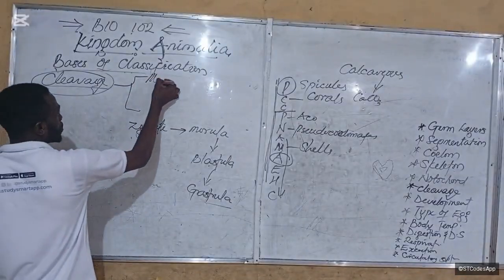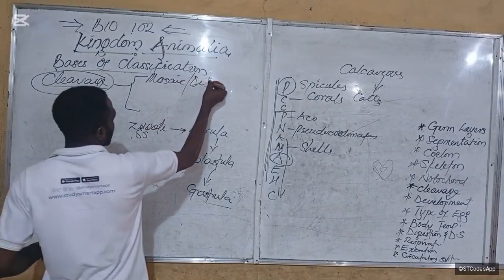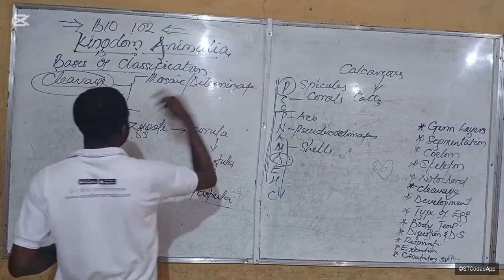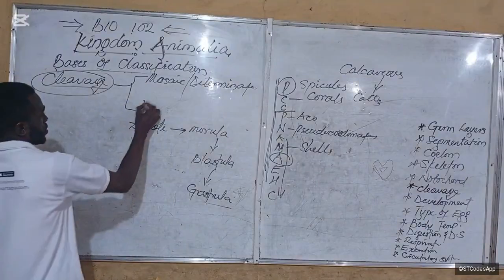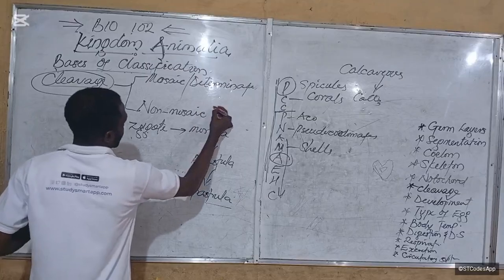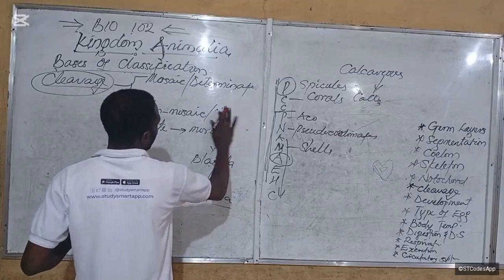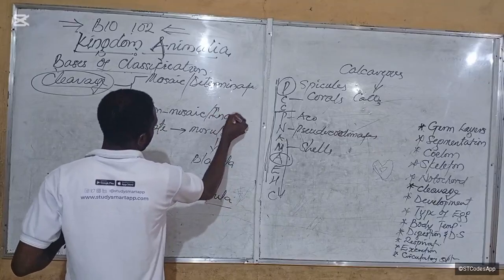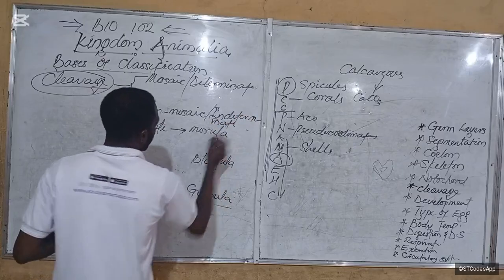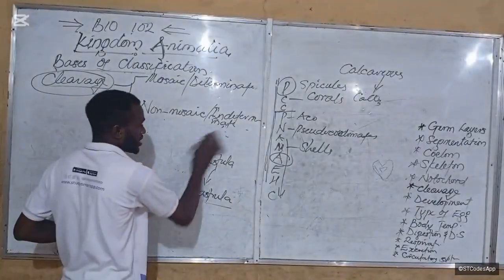We have the mosaic or determinate cleavage, while there is the non-mosaic or indeterminate cleavage. So cleavage simply means multiple splitting, right?